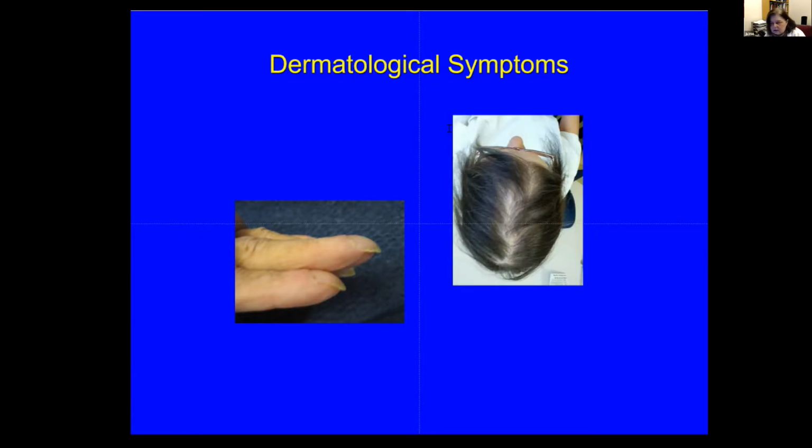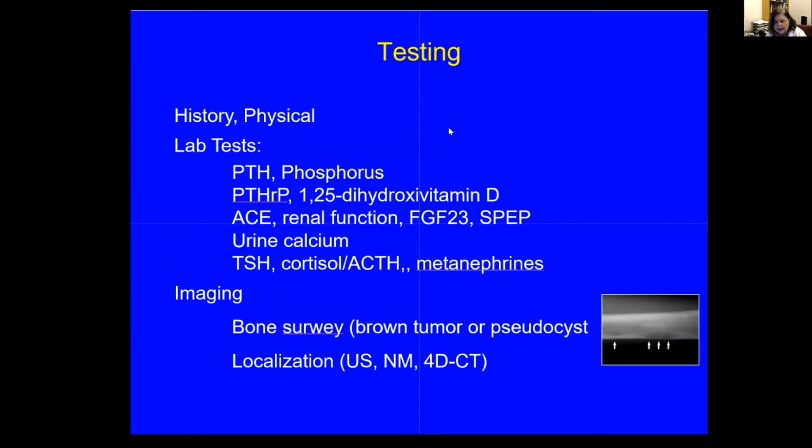I normally examine my patients, and my symptomatic hypercalcemia patient today had these big nails. She complained that they are brittle, and the hair loss that's depicted here. And after the exam, I ordered testing.